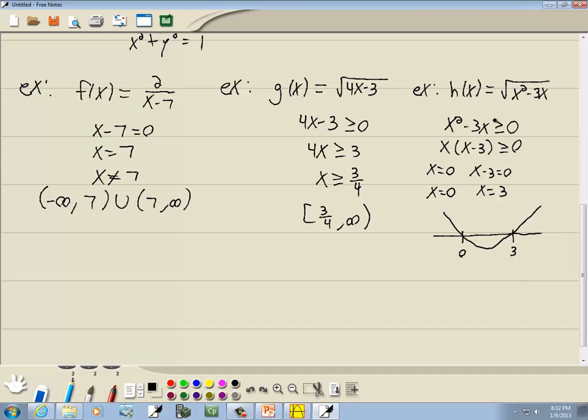Now, when we have a greater than or equal to 0 here, we're looking where our graph is above the x-axis. This is the x-axis right here, this horizontal line. Well, this is above here, and it's above here. So our domain would go from negative infinity to 0. It's a greater than or equal to, so it includes 0, so it'll be a bracket on the 0, union, and then 3 to positive infinity.